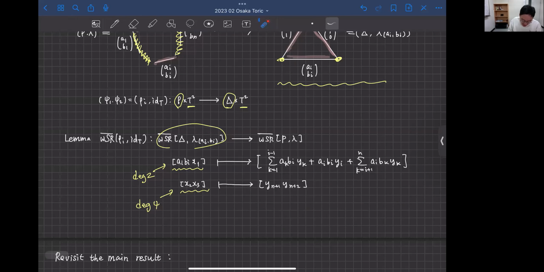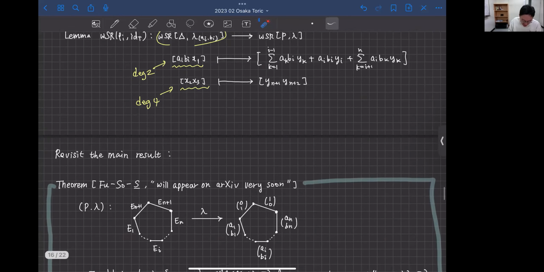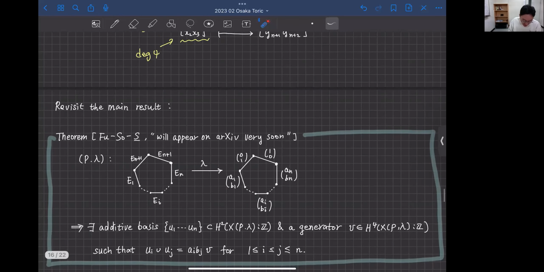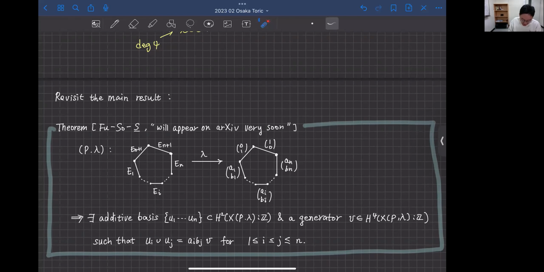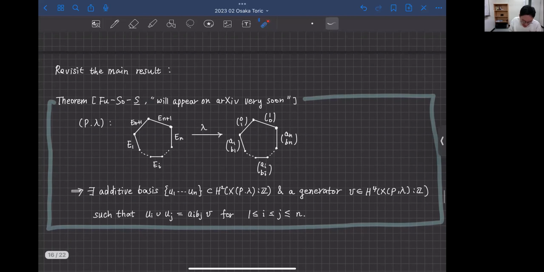All right, so this is kind of preliminary for the proof of our main theorem, but let me just revisit our main result again. So the theorem is what? Suppose we have a characteristic pair, something like this, and the characteristic function is a bunch of vectors, a1, b1, ai, bi, then a and b, and we assume that there is a smooth vertex, 1, 0, and 0, 1.